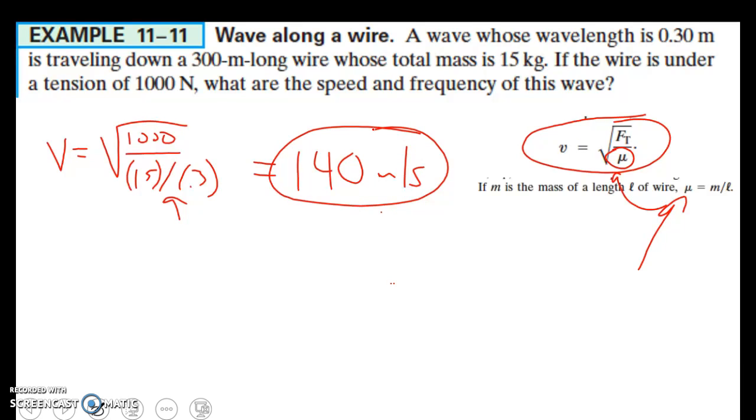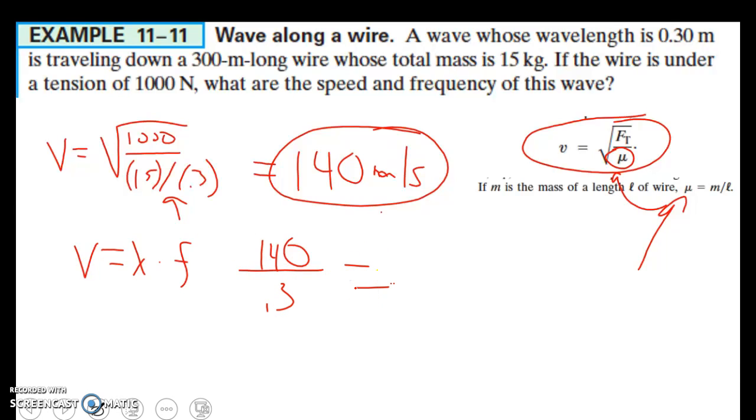Okay, again, this equation is beneficial when we're talking about wires and tension and forces. Now that we know the speed of the waves, 140 meters per second, then what we want to look at is the frequency. Speed is wavelength times frequency, so it's going to be 140 divided by 0.3.